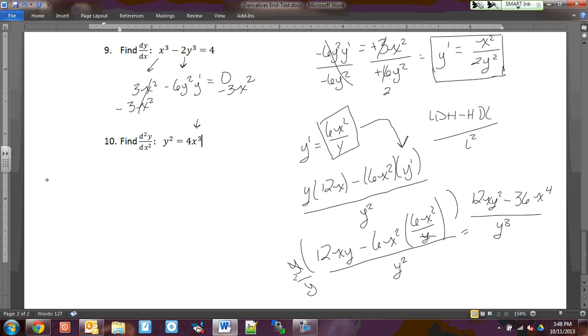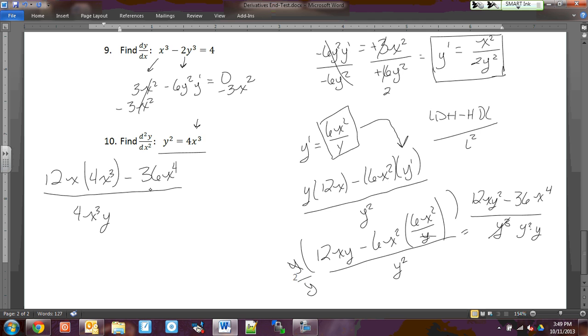So over here, let's do 12x times 4x cubed, because that's what y squared equals, minus 36x to the fourth, divided by, plug that in down here as well. I know this is a y cubed, but what you can also look at it as is a y squared times y. So there's going to be 4x cubed y in the bottom.